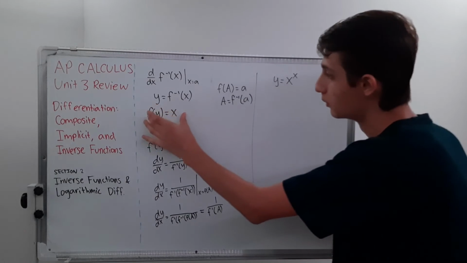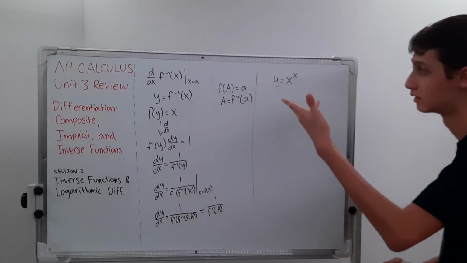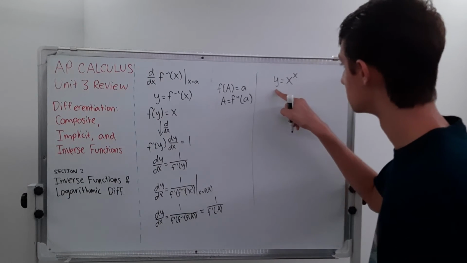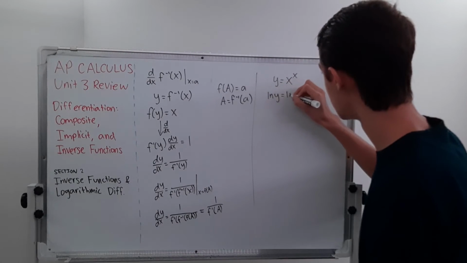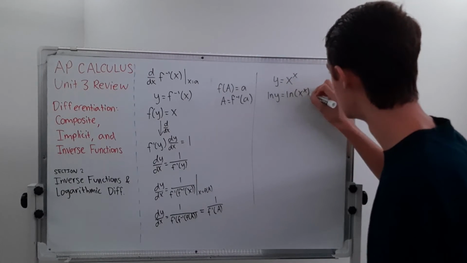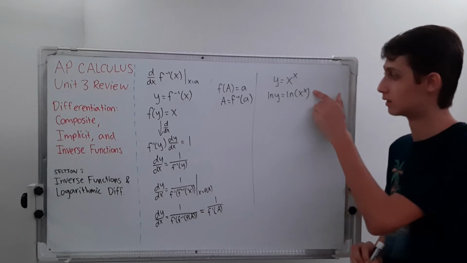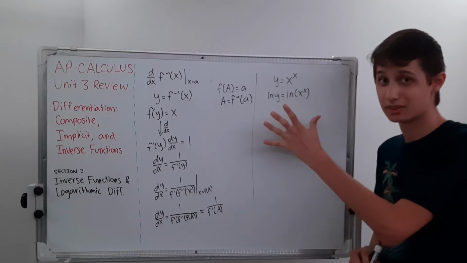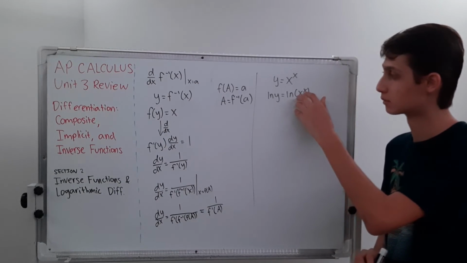You know how we took f of both sides? This is kind of the same thing. We're going to take the natural log of both sides. So if we do that, we get ln y equals ln of x to the x. Does this help us? Well, yeah, on this side the x goes to the front. Not the derivative, just the regular logarithm rule where you can bring the exponent to the front.